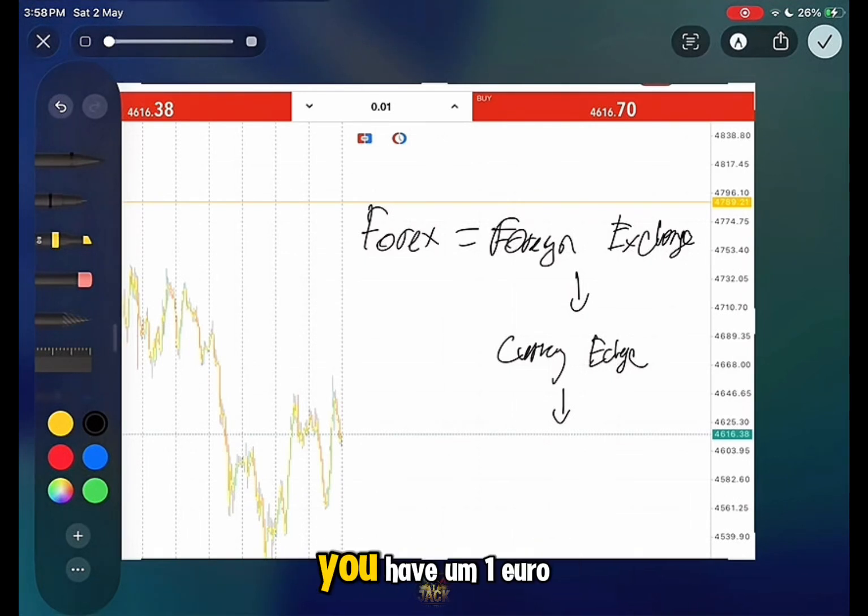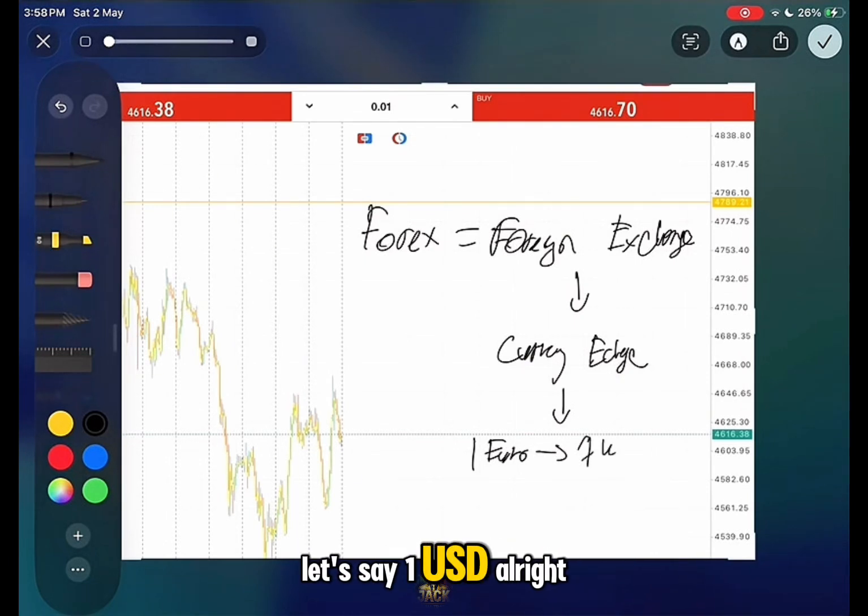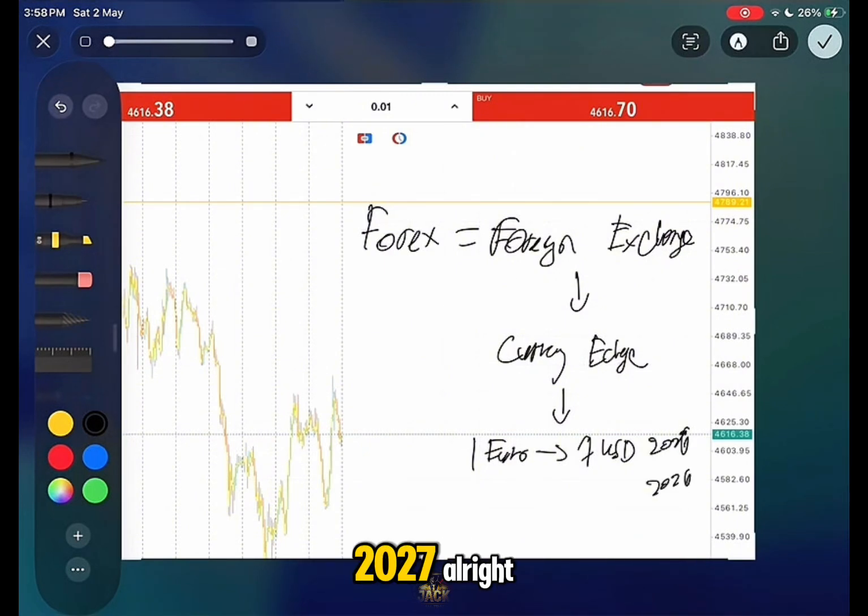For example, you have €1. You invest your €1 in USD. Let's say $1 USD. Maybe this is 2026, 2027, and you have $1 USD. Let's say the currency rate goes up.